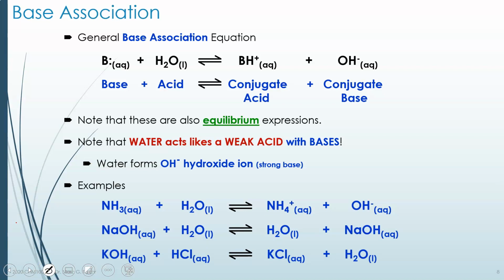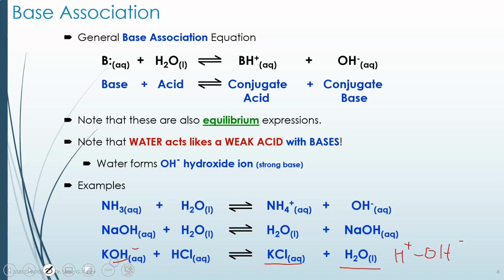Another example would be KOH, potassium hydroxide, a strong base, and now I'm going to add an acid, hydrochloric acid, HCl. And you'll notice whenever you have a hydroxide base and a proton-releasing acid, you're going to end up with a salt. In this case, our salt is potassium chloride, and you're going to end up with water because the H plus is bound to the OH from the base.